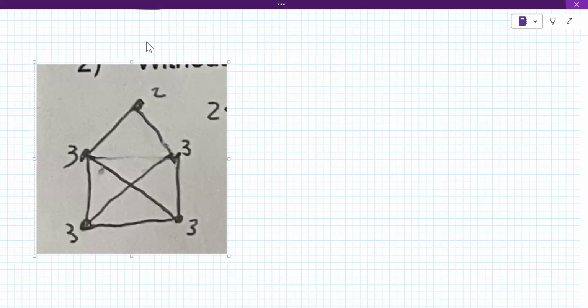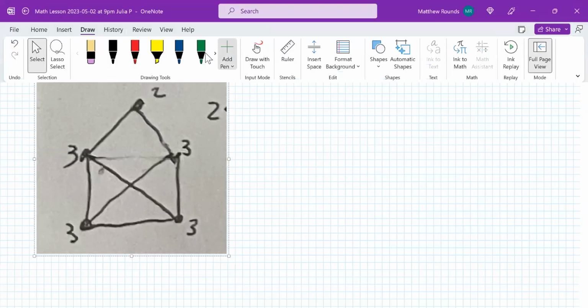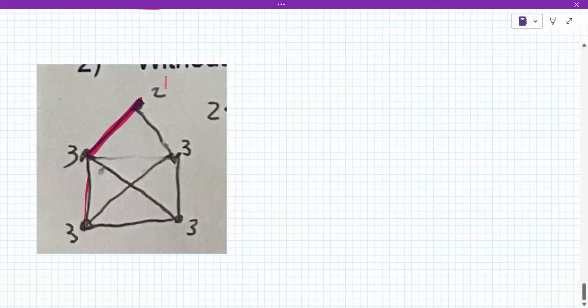So let's do the same thing. Let's just trace. We go boom, boom, and then if you start working your way around, okay, that's not good because we need to do something different. We can kind of crisscross here. So that's not good. So this has no path and no circuit.